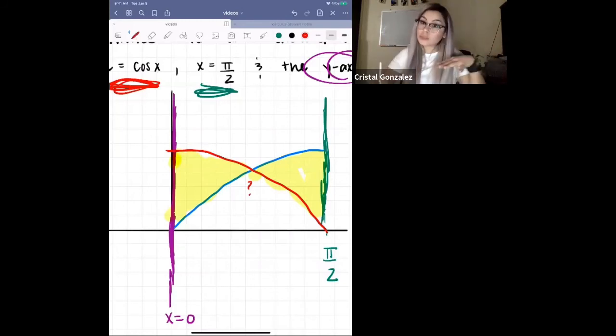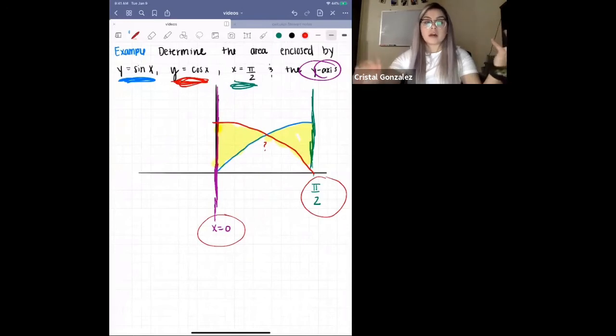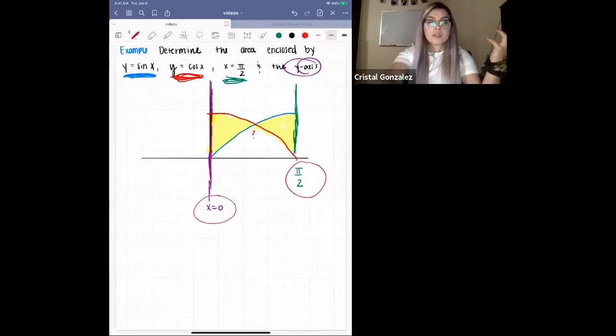So they switch places, and we need to account for that. That's very important. So first things first, we do have some bounds here, which I'm assuming we will use, but we also notice that they intersect at some point.